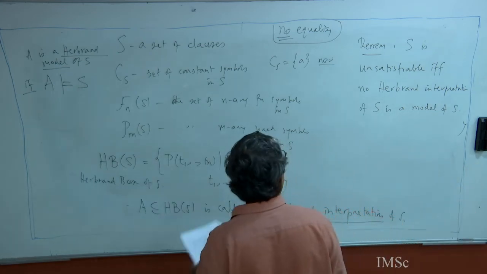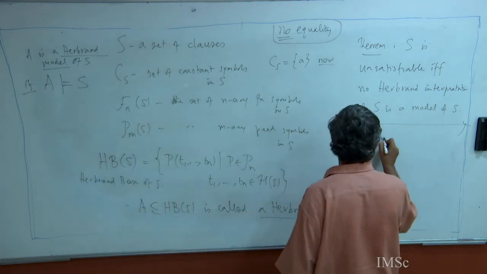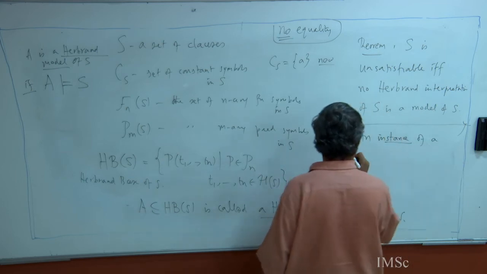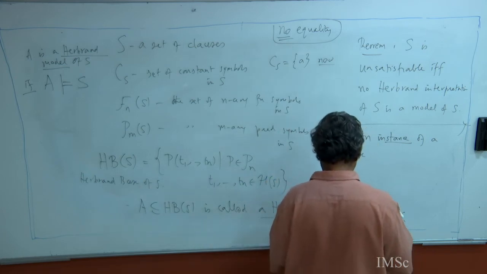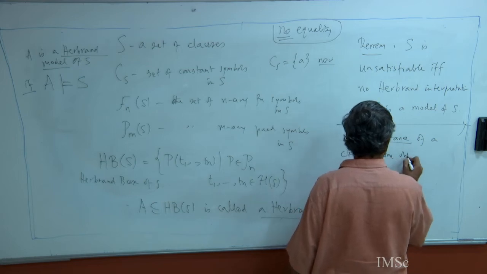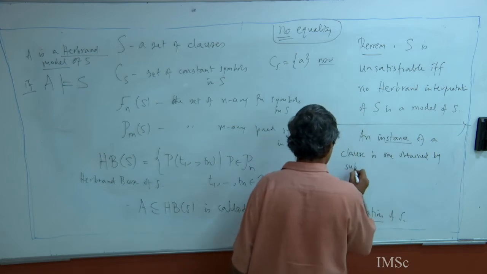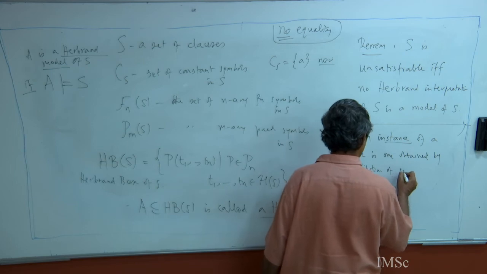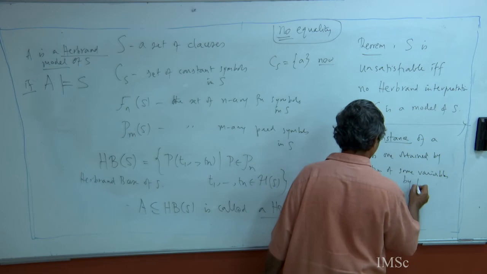Now, whenever I have a clause, I can talk about an instance of a clause. An instance of a clause is simply one obtained by substitution of some variables by terms.